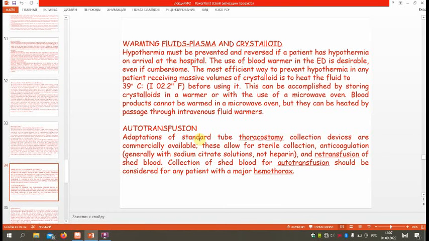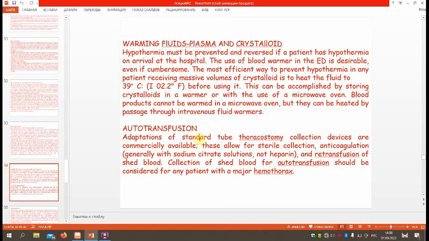Warming fluids, plasma and crystalloid. Hypothermia must be prevented and reversed if a patient has hypothermia on arrival at the hospital. The use of a blood warmer in the emergency department is desirable, even if cumbersome. The most efficient way to prevent hypothermia in any patient receiving massive volumes of crystalloid is to heat the fluid to 39 degrees before using it.